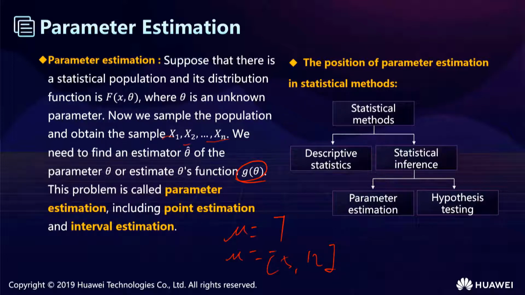And the parameter estimation is in the statistical method. The statistical method we can split into descriptive statistics and statistical inference, and the parameter estimation will belong to statistical inference.